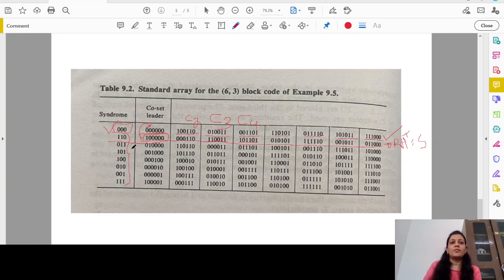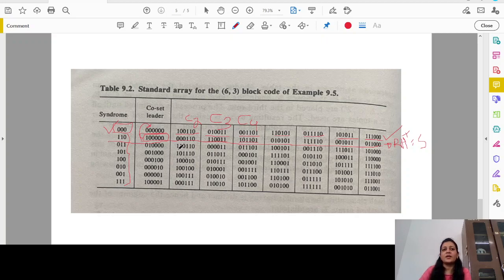If you check 110 against H transpose, you will understand in which particular row this syndrome matches, and hence where exactly the error might have occurred. You can verify that very easily.